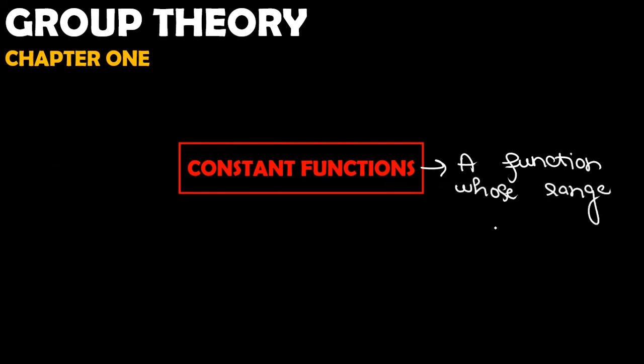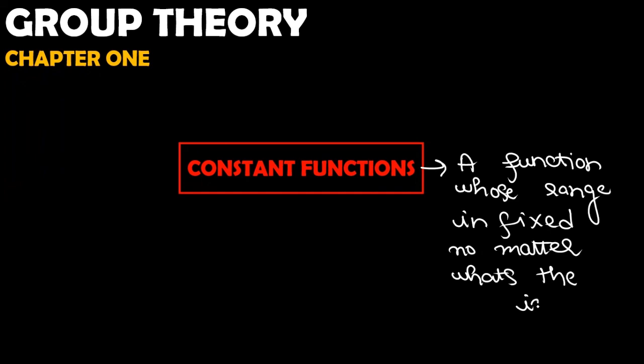Okay. The first type of function is the constant function. A function whose range is fixed, no matter what the input is. The function remains the same. So it means f of x is equal to c, right?